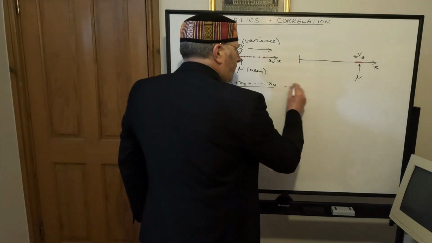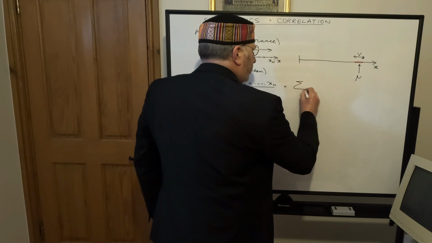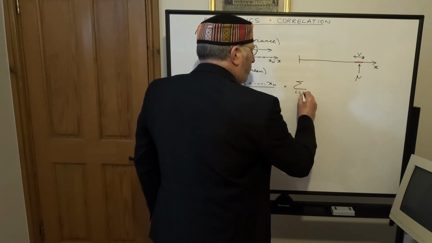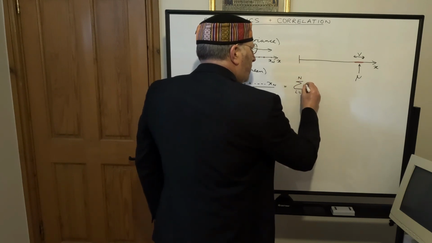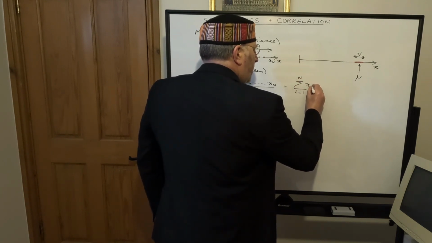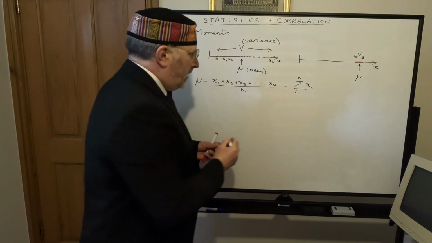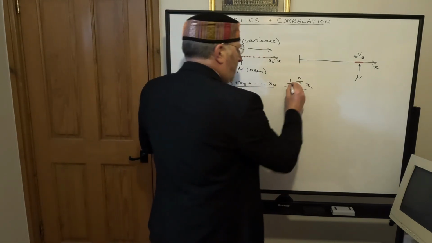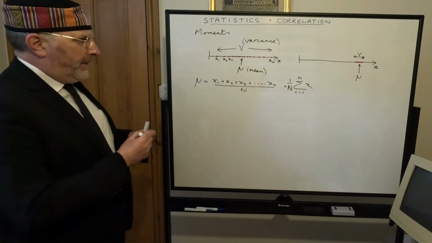And we can write that more simply as the sum as i goes from 1 up to n of xi, and then divided by n, the total number.